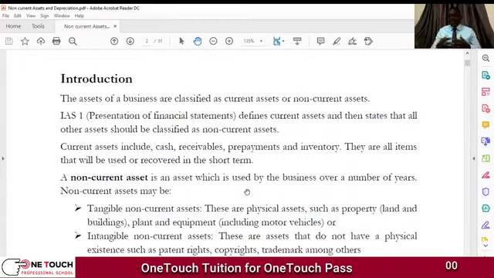It is expected that in business, when someone owes you, that person should be given a shorter period of time within which to pay. Normally, it doesn't have to extend beyond one accounting period. So you can see that it is recoverable within the shortest possible time, or they do not go beyond a year.